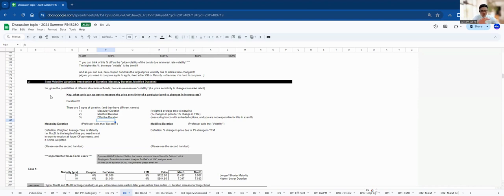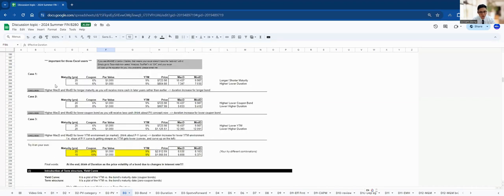So in this bond volatility valuation, you have the price value basis point, which is a simple straight line. And then you have these three different durations: Macaulay duration, modified duration, and effective duration, which I show you how to calculate with, let's say, case 1, case 2, case 3, with different maturities, different coupon rates, as you can see, and also different yield to maturity.